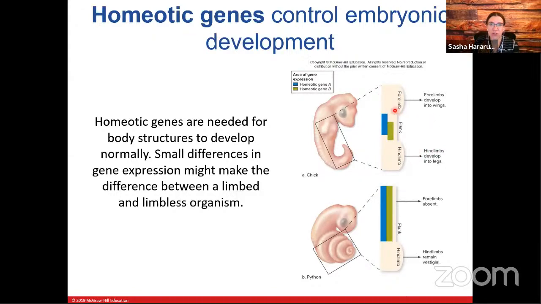So whenever the homeotic genes go crazy, the hind limb homeotic gene can be expressed where homeotic gene A, the one that regulates the forelimb, should be expressed. So all kinds of weird things can happen with the homeotic genes, and these weird mutations can result in a quite deformed individual. Doesn't happen often, but sometimes it does.